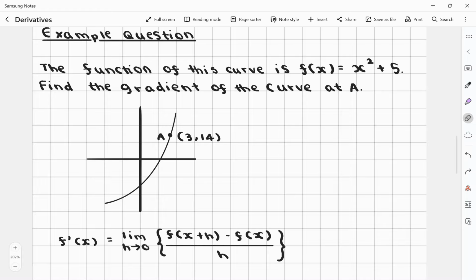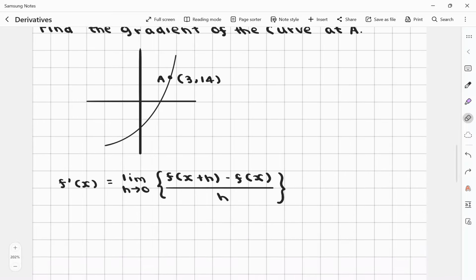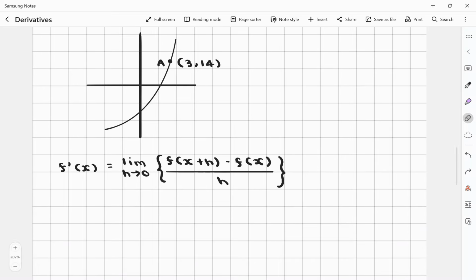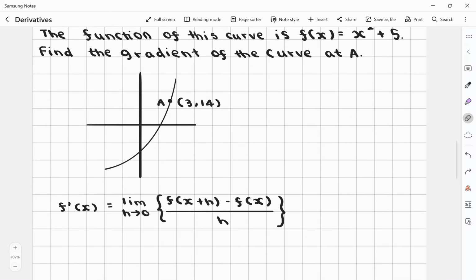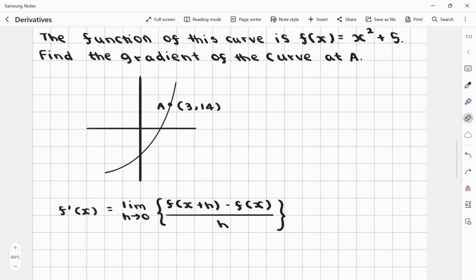So first of all, we write down the formula to find the gradient function or the first derivative. Next, we substitute. Here, when we are saying f of x plus h, we take our original function of the curve, which is f of x is equal to x squared plus 5.